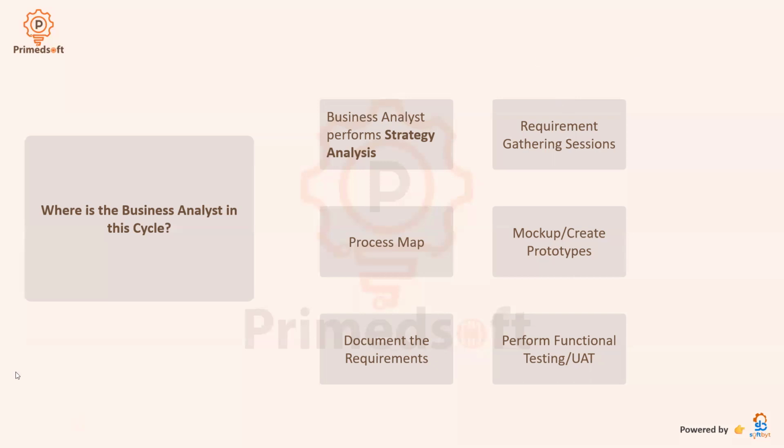So under each feature, we have it like this. We have the epic, so epic has another level called feature.